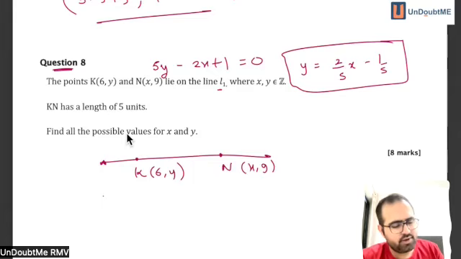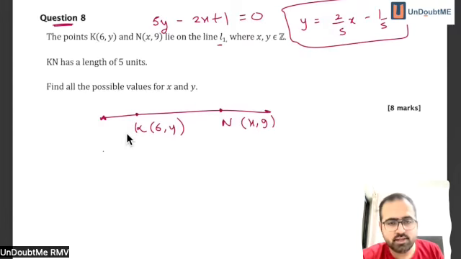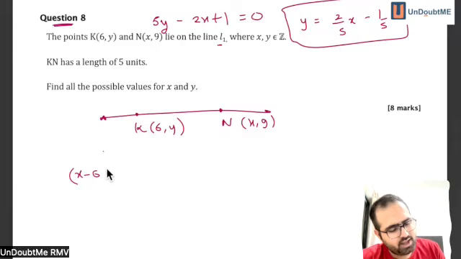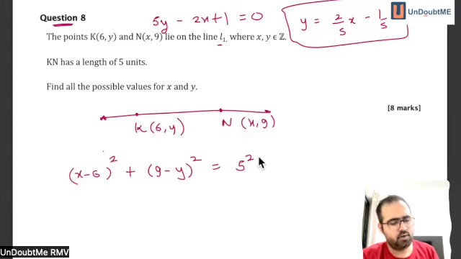KN has a length of 5 units. I will apply the distance formula before substituting. So the distance formula will be (x minus 6) whole square plus (9 minus y) whole square is equal to 5 square. Okay, this is the same as the previous question.